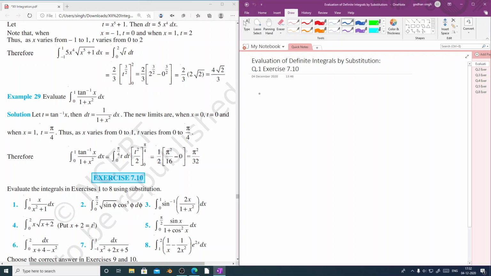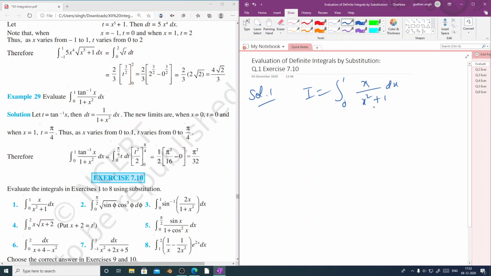So solving question number 1, solution 1. Here we have I equal to integration of 0 to 1 x by x square plus 1 dx. One method is that we can separately solve integration of x over x square plus 1 dx, and then whatever answer we get later on we put the limits. Or the other one is directly we can use the substitution method.